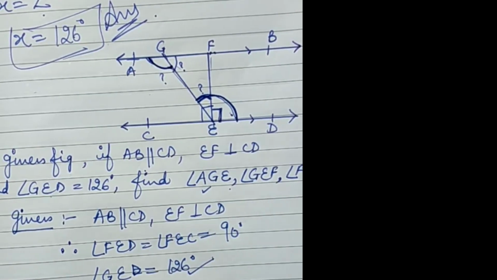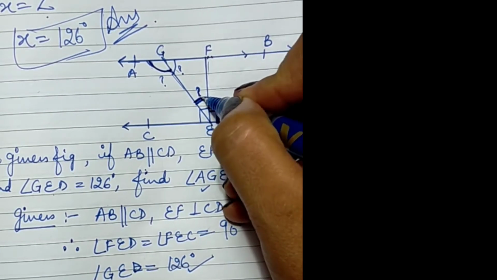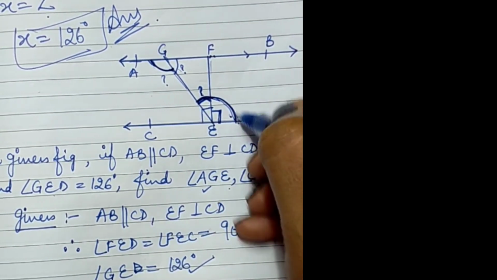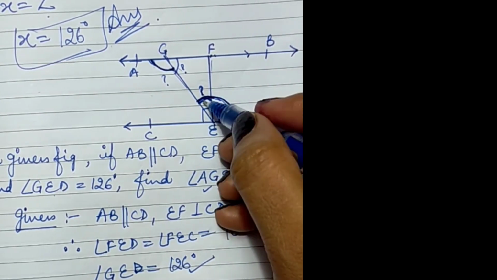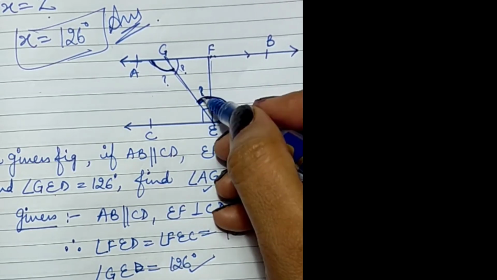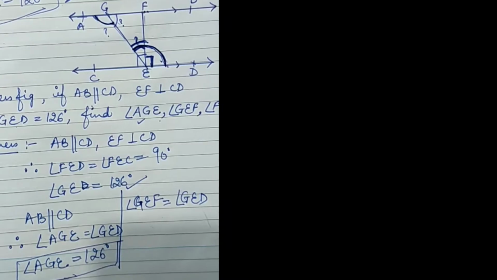Now for the second part, I need to find out GEF as well. How can I find out GEF? I have the value for GED. I have the value for FED. If I subtract FED out of GED, GED minus FED will give us this angle only.